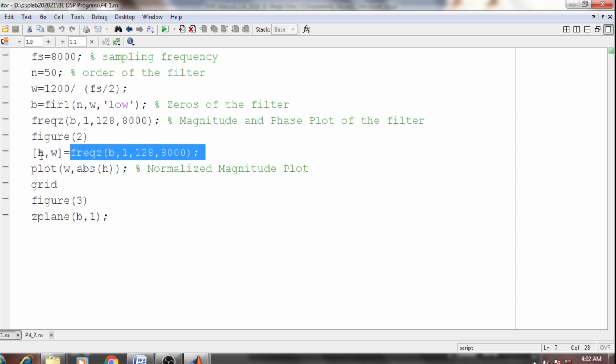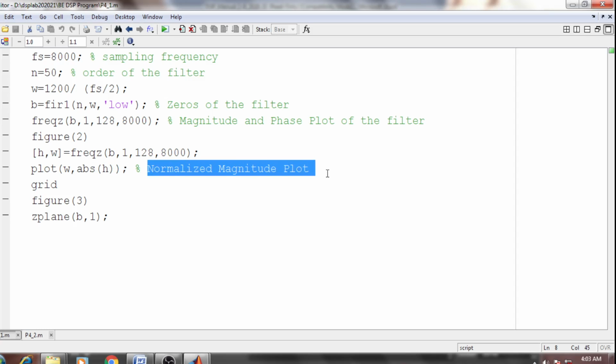H and w are the values we get from this function. Then we pass these values to the plot with two parameters: first one is omega and second one is the absolute value of h. So you will get a magnitude plot.